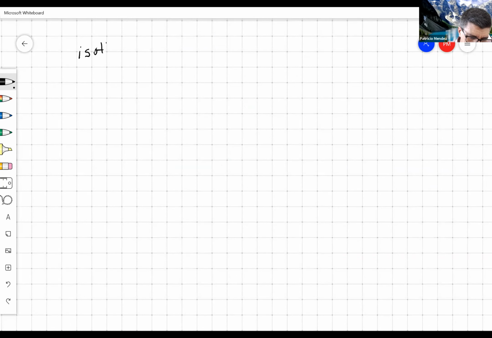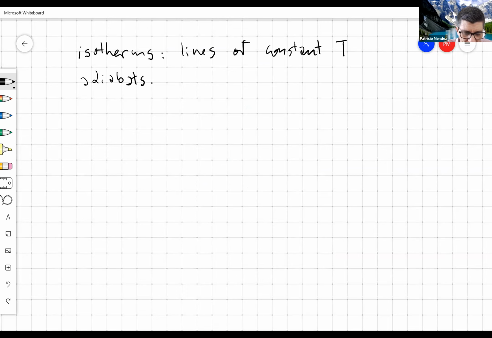Isotherms are lines of constant temperature. And adiabats are lines of flow of heat.